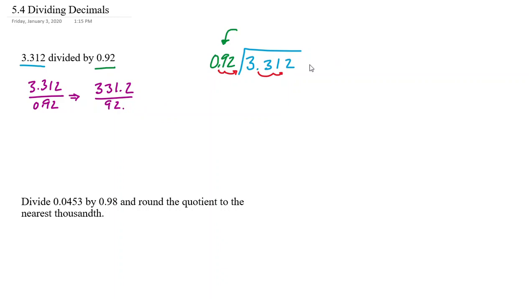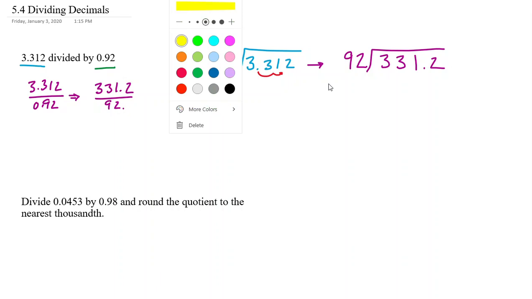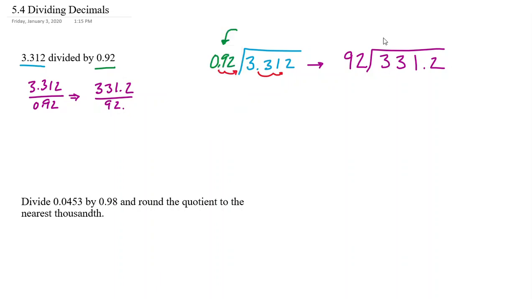Now, we don't normally rewrite the problem, but I'm going to do that just for ease of being able to see what we're doing here. So I'm going to make sure that I have all my digits with plenty of space. And here's why. Why do I need plenty of space? Because when you're doing long division, it's going to be really important that you have columns.